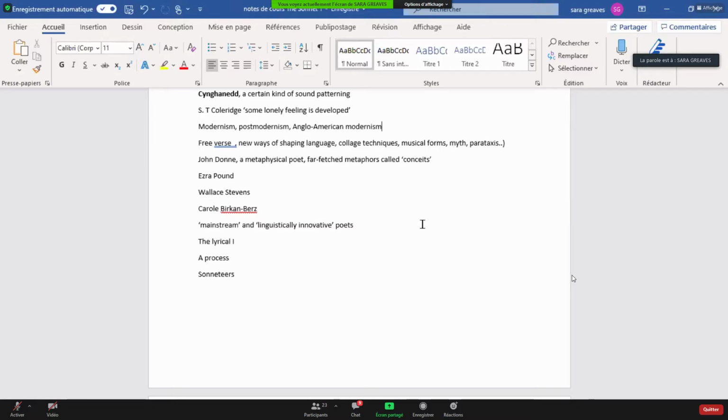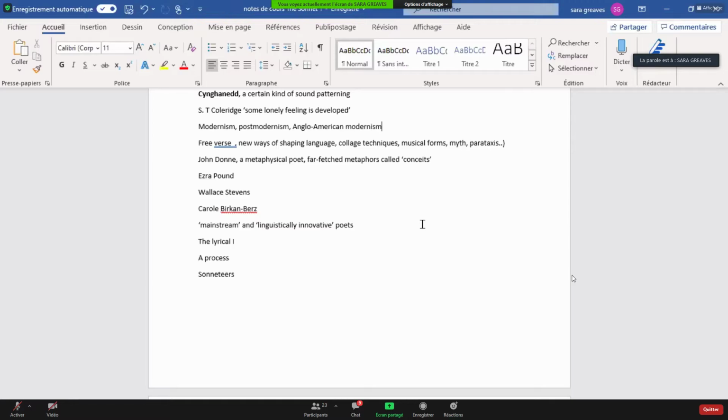The real break with the past comes with surrealism in France, I think, whereas in Anglo-American poetry, it's modernism, which began before the First World War, and then took on particularly between the two wars.